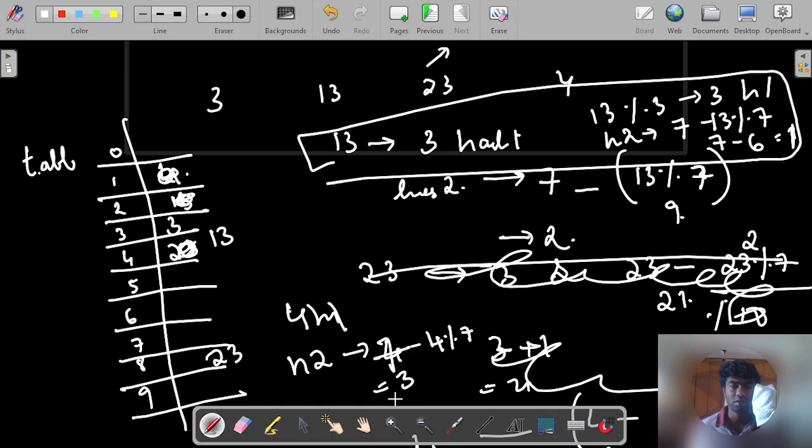So it will be at 7, as 4 plus 3 is equal to 7. So 4 should be here. So that's the whole idea.